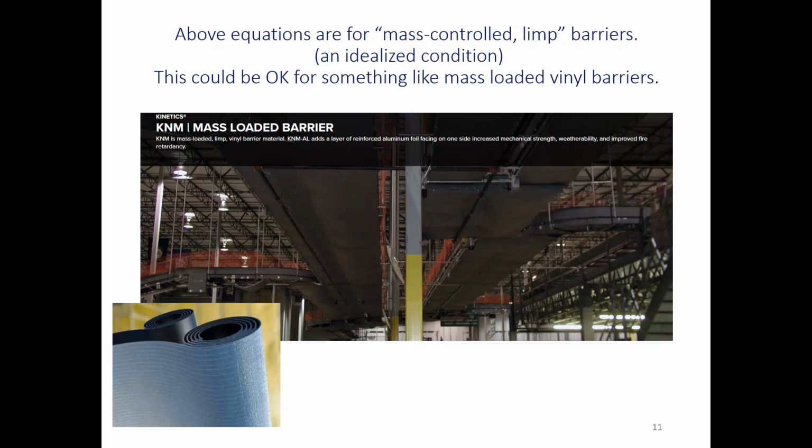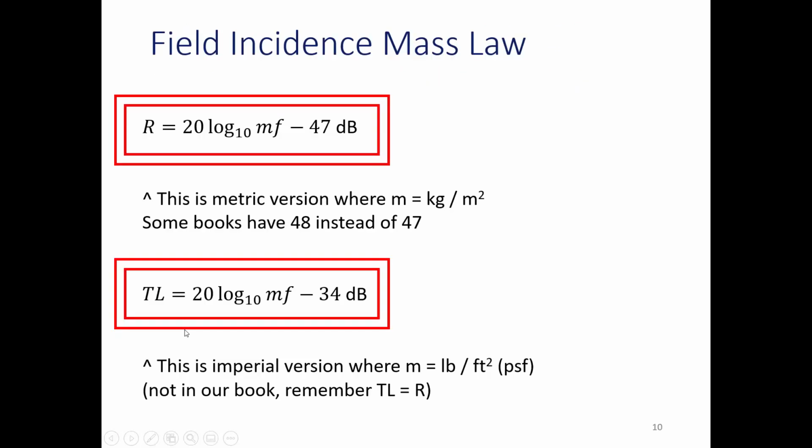And this could be okay for something like mass-loaded vinyl barriers. That's what we're looking at here. So it's mass loaded, it's limp, it's made of vinyl. So these are usually a pound per square foot. You might have multiple sheets of them sandwiched together to get greater surface weights. But the main thing is that it's limp. And if you use something like this, then these equations apply.